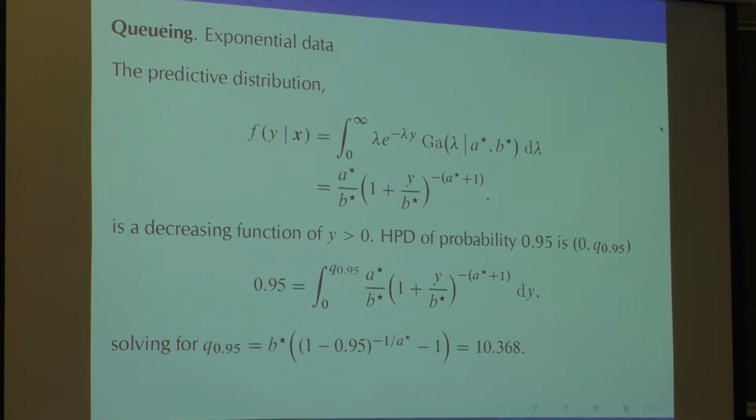So to do that, we just calculate the predictive distribution. I think you did a very similar exercise with Alison, didn't you? No? Okay, so I'll write it down. It doesn't seem that you did.